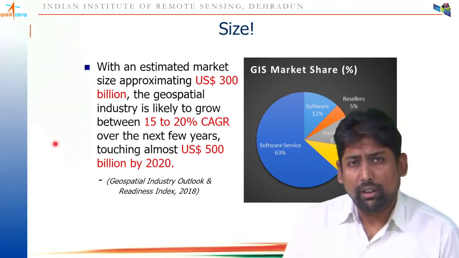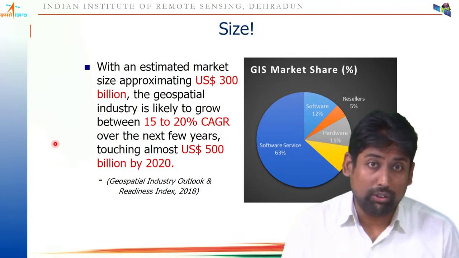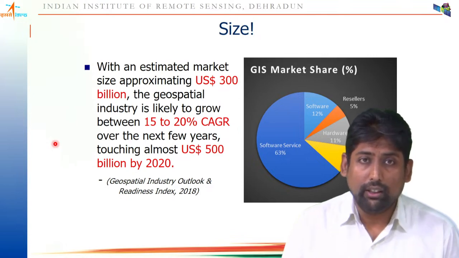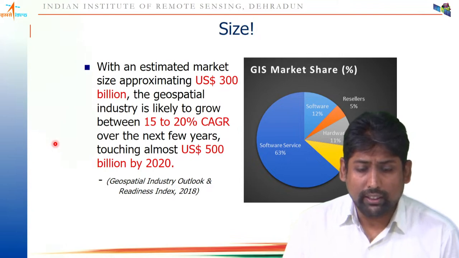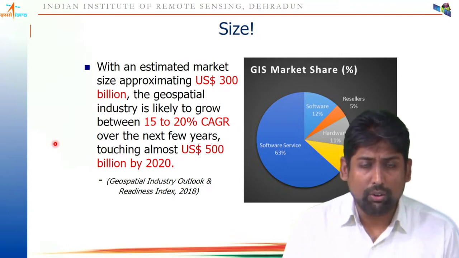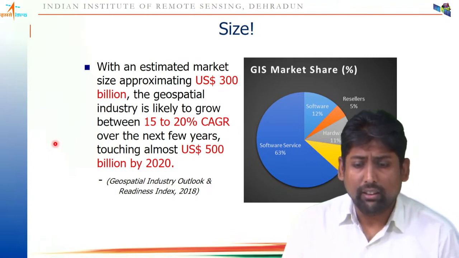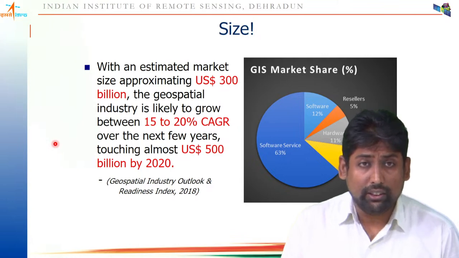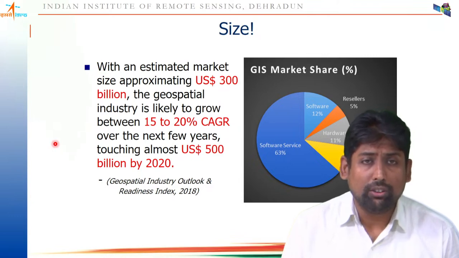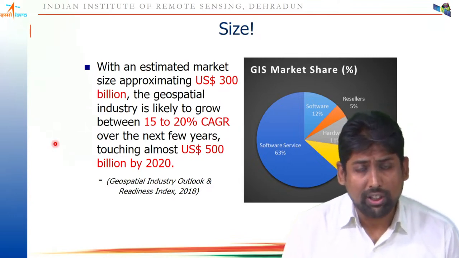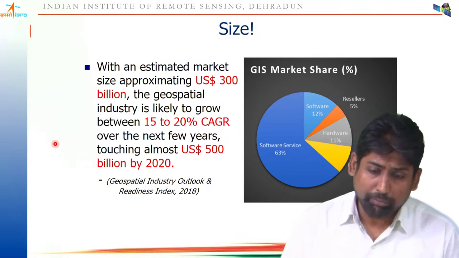It is also important to understand why we are studying this subject. It's obviously a very big economy. This is an extract from the Geospatial Industry Outlook and Readiness Index 2018. It estimates that the GIS industry is roughly about 300 billion US dollars, which is growing at an approximate rate of 15 to 20% cumulatively annually.